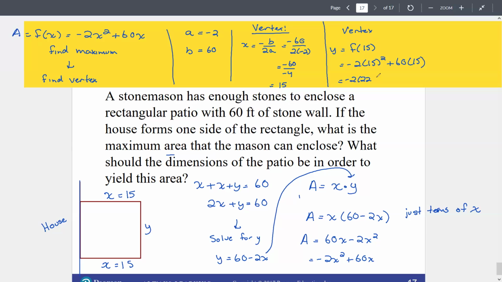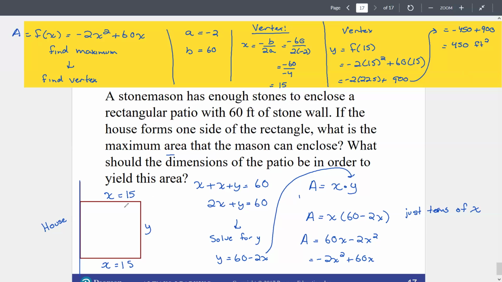So this is 225. What I really need is 60 times 15. I knew that was wrong. This will be 900. We keep on going. That is a negative 450 plus 900. So the maximum area is going to be 450. We're measuring in feet, so square feet.